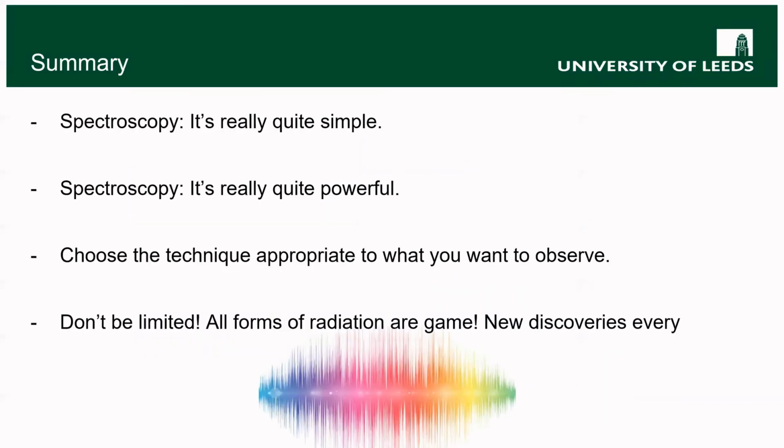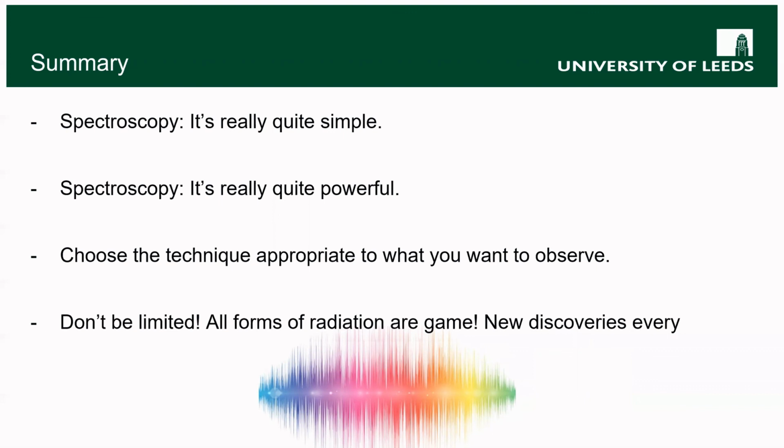So that's then the end of these sets of lectures on spectroscopy. So it's really a dead simple technique at its heart, and it's really very, very powerful. And there's this huge range of techniques and a huge range of options. Which is one of the reasons it's so powerful, because you can always measure pretty much any parameter you want to go and measure with some kind of spectroscopy technique.